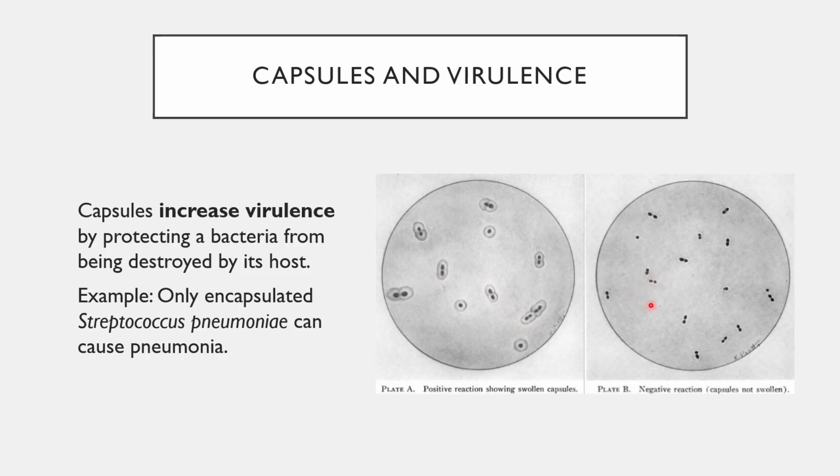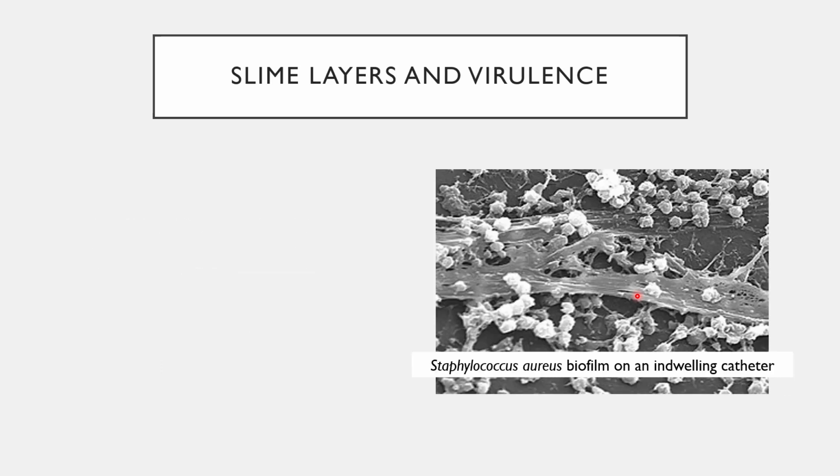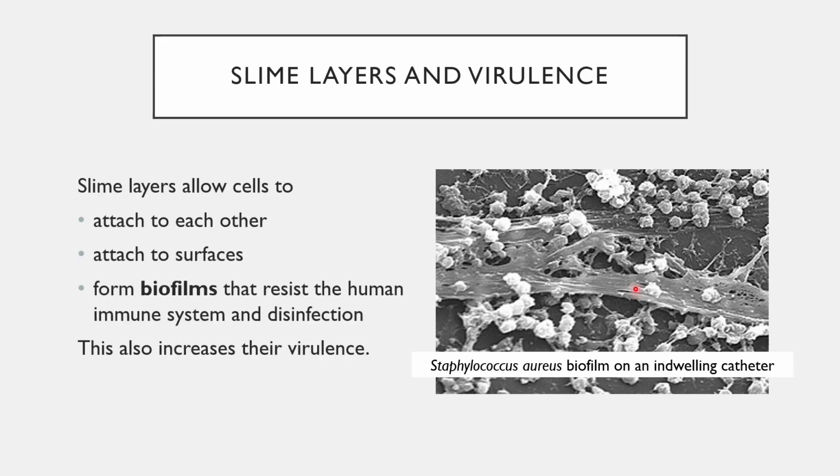But let's not forget about the slime layer. The slime layer is the other form of the glycocalyx, and slime layers also increase the virulence of the bacteria that possess them. That's because slime layers allow cells to attach to each other and also attach to surfaces that they come in contact with, which facilitates the formation of something called a biofilm, which is a layer of tightly packed cells attached to each other and attached to surfaces.